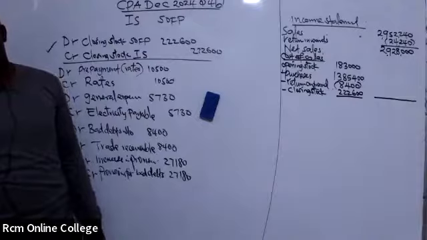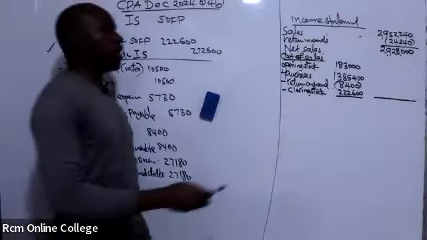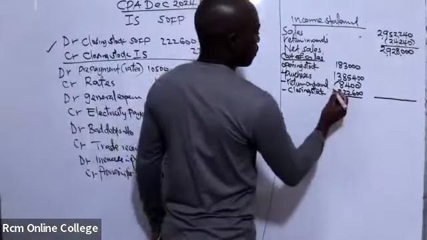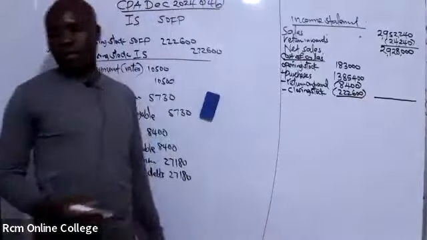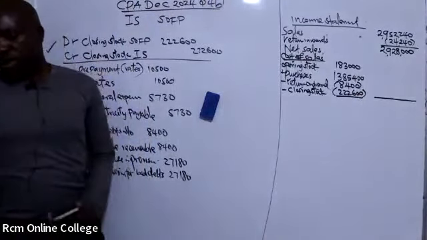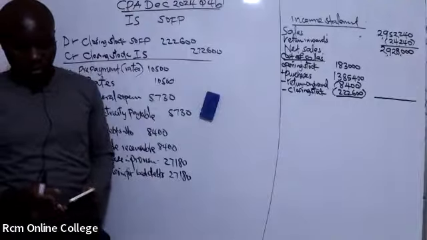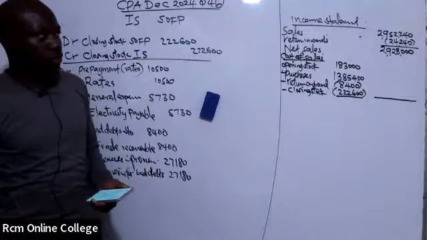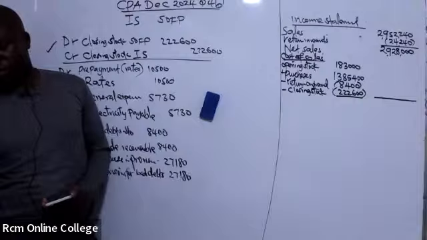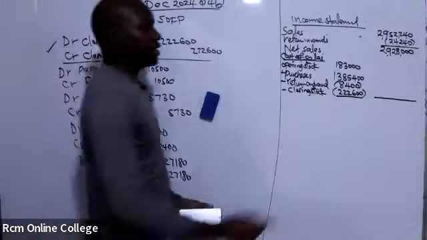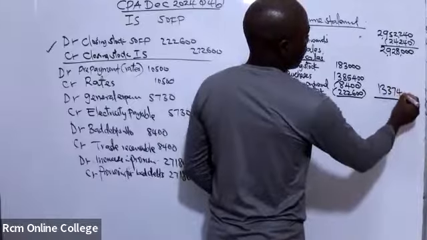183,000 plus 1,385,400 minus 8,400 minus closing stock. So what are we getting? What we are getting is the cost of sales. 1,337,400.